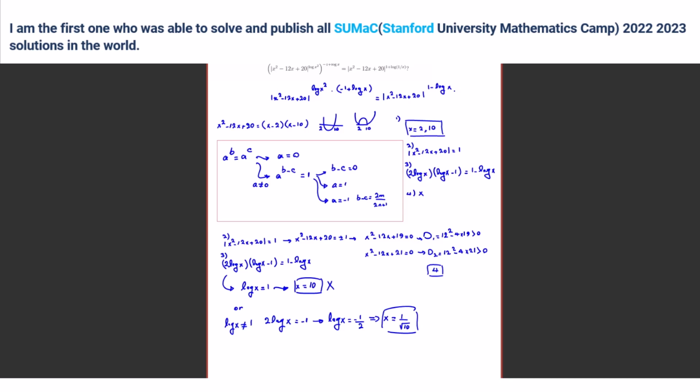Yeah, when x is 10, it becomes 0 raised to 0 equals 0 raised to 0, with minus 1 plus log 10. So how many answers are there? 6. Yes, 4 here, 1 here, 5, 6, right?